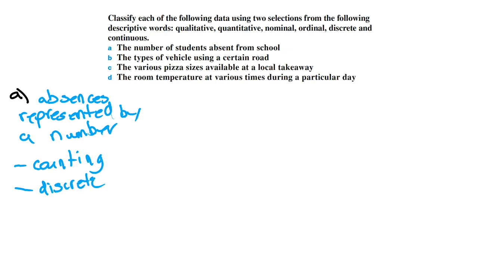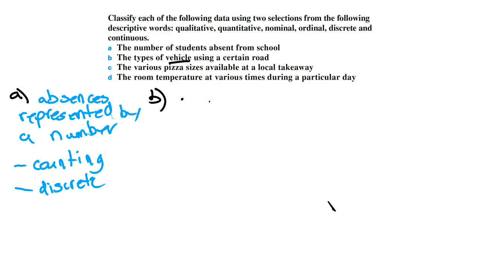Okay, let's look at the next one, B, the type of vehicle used on a certain road. Now, are we looking at something represented by a number or not? In this case, if it's a type of vehicle, we're looking at something that is non-numerical, which means it's going to be qualitative.